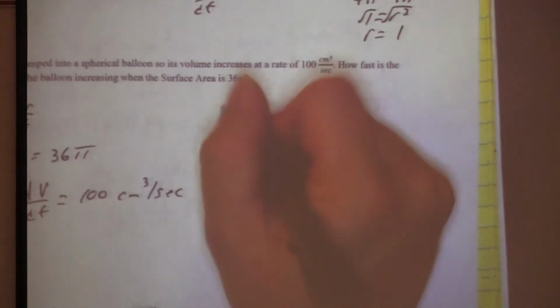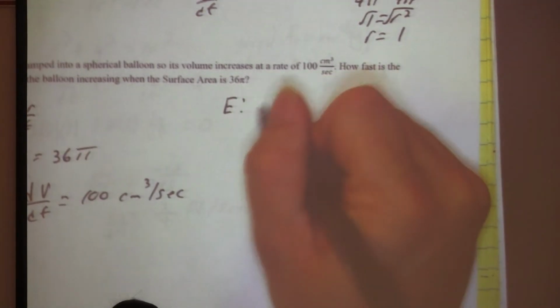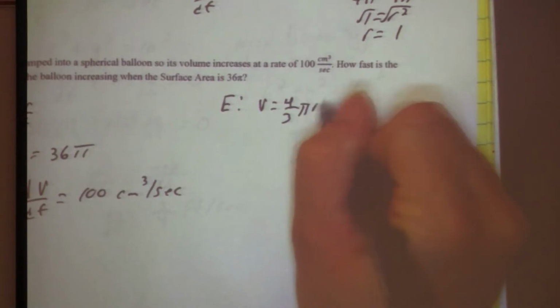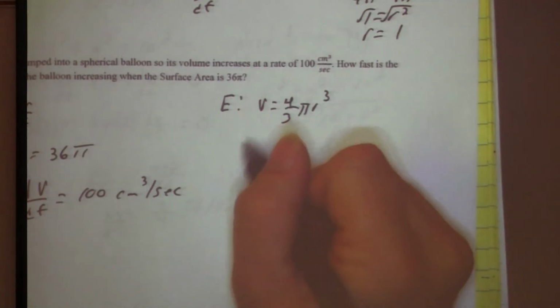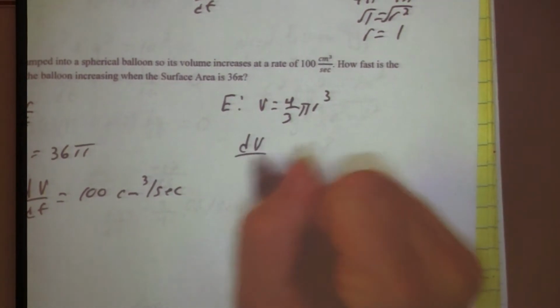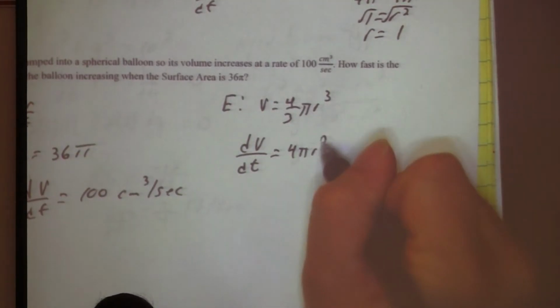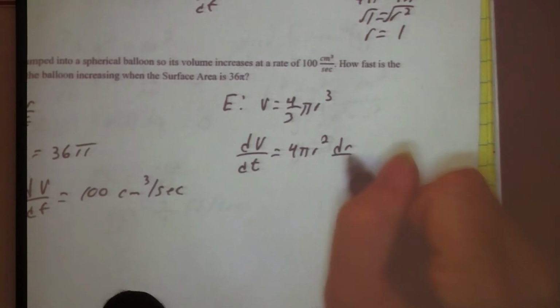Alright, so what would be the equation we need to use here? The volume of a sphere, which is 4 over 3 pi r cubed. And when we differentiate it, what do we notice is within it? The surface area formula.